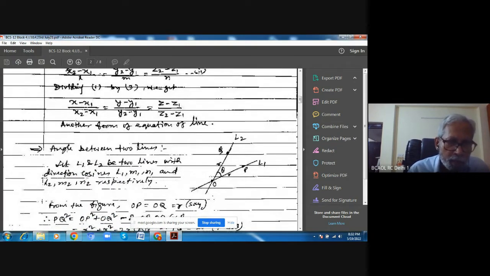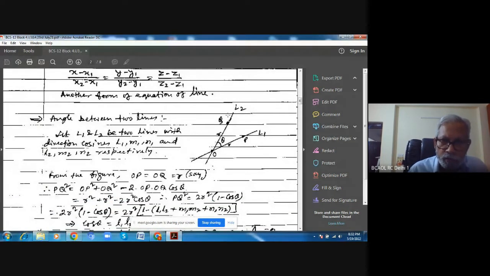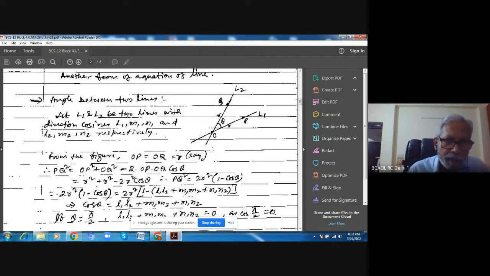Now another thing you have to remember, that is the angle between two lines. So the angle between two lines you should know. Suppose these are L1 and L2, two lines and the angle is theta. Okay, given. So you have to measure the theta angle. In this case again, you can see it. Let L1 and L2 be the lines with direction cosines L1, M1, N1 and L2, M2, N2 respectively.